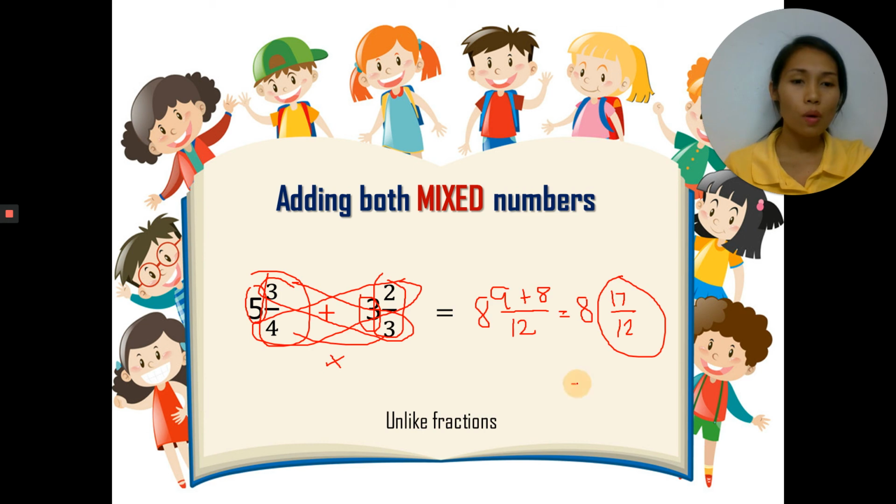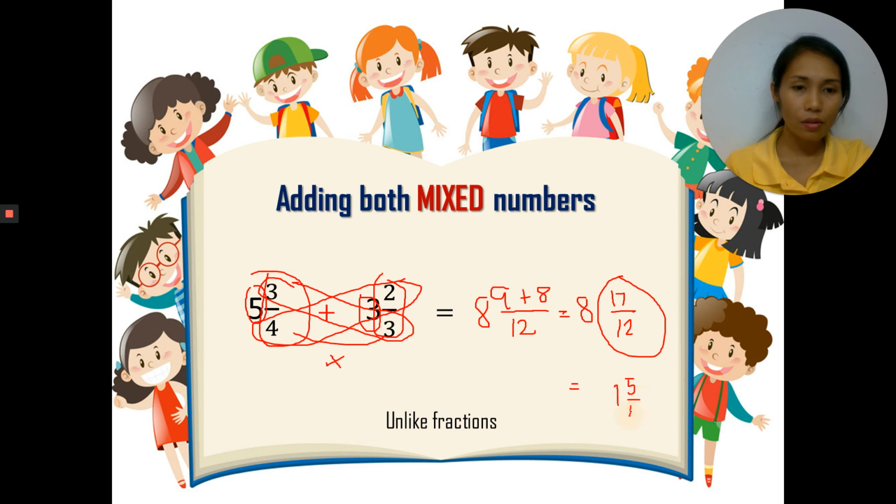So how many 12s are there in 17? 17 divided by 12 is 1, remainder 5. So 5 will be the numerator, and copy the denominator 12.